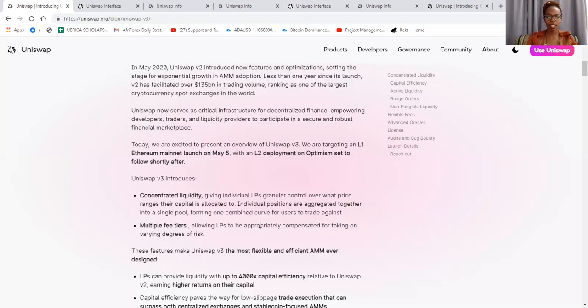And the other thing that was introduced in V3 is what they call multiple fee tiers. Multiple fee tiers is where we have different percentages of interest for different coins.